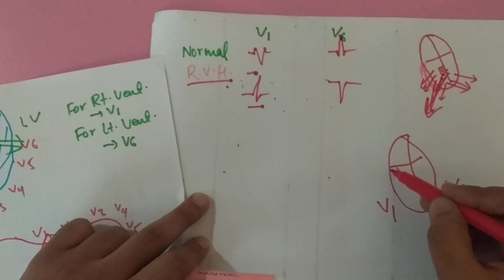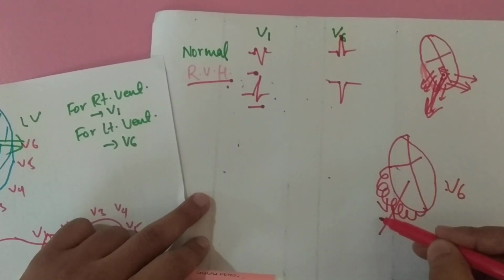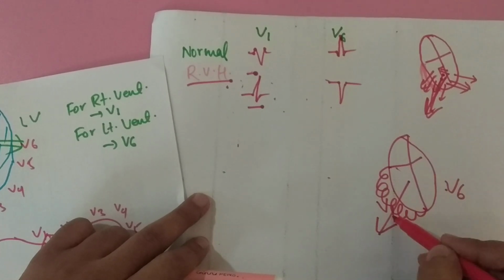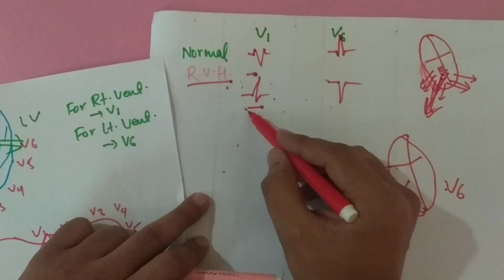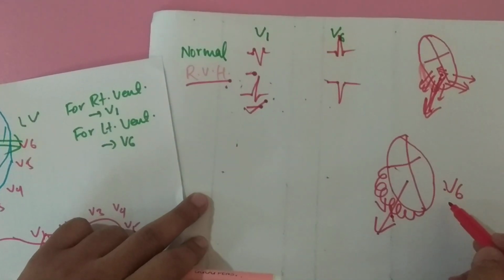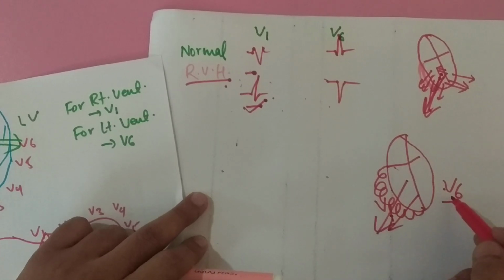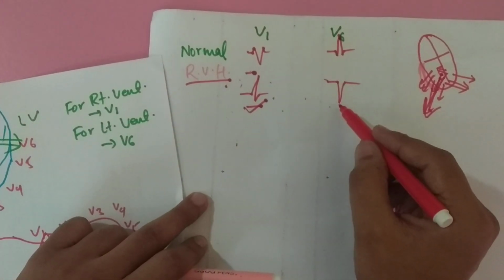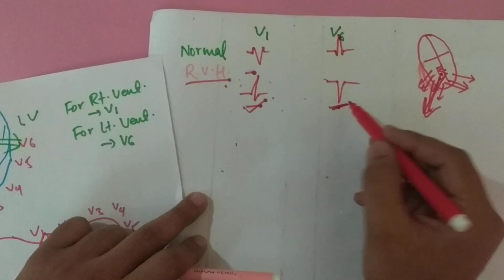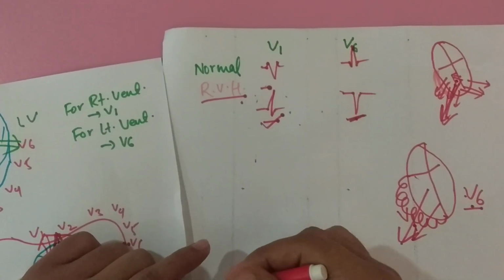So in right ventricular hypertrophy, this is hypertrophied, so the resultant vector will be facing towards V1. So V1 will have positive deflection. You can see here, positive deflection, the maximum magnitude will be positive. However, in case of V6, the vector is opposite to the direction of V6, so the deflection will be negative. You see here it is a negative deflection in V6 in right ventricular hypertrophy.